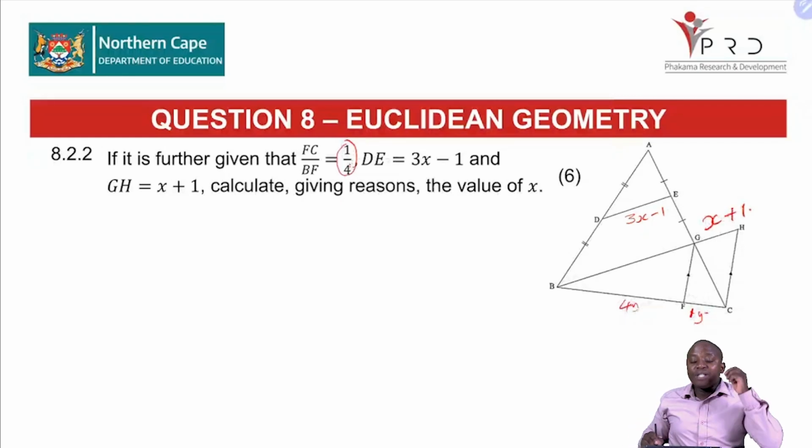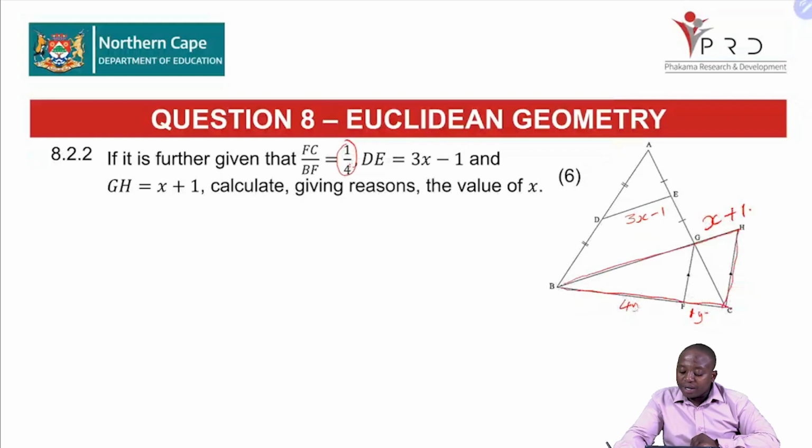What do we see? We see that we are already given the ratios on the triangle at the bottom here, which is BHC. We are given more information on that triangle. Let us now see, can I transfer the information I have on my triangle ABG to the triangle BHC?